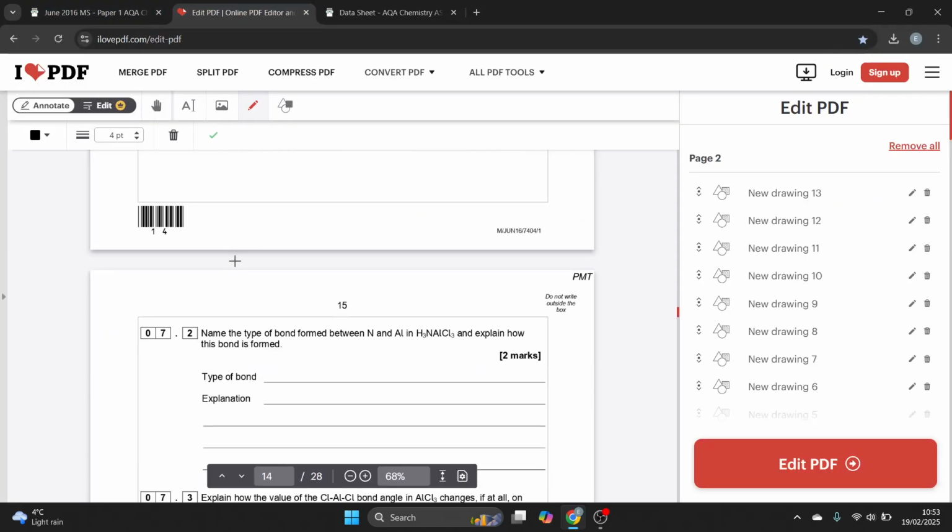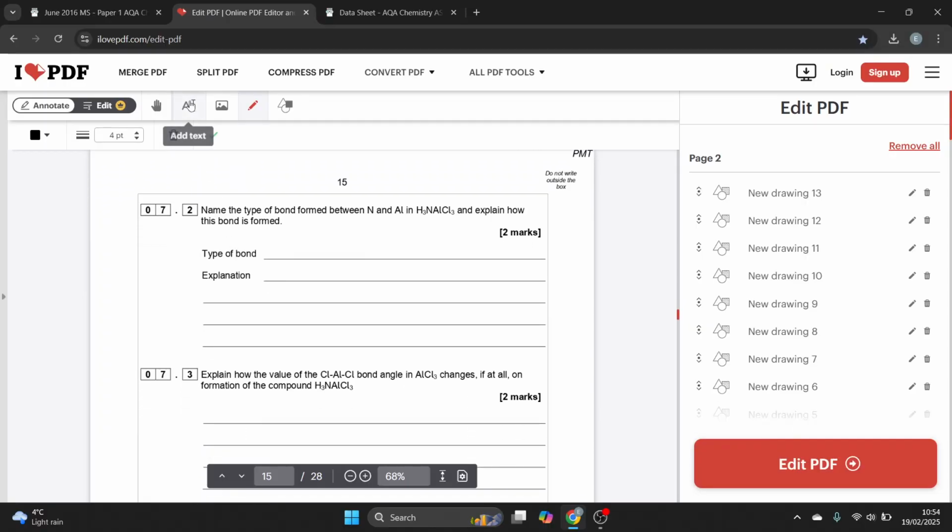Name the type of bond formed between, and explain how the type of bond is formed. Anytime it says name the type of bond formed between something, it's usually always a coordinate bond. And it's the same case for this one, obviously. But how is it formed? That's the hard part.